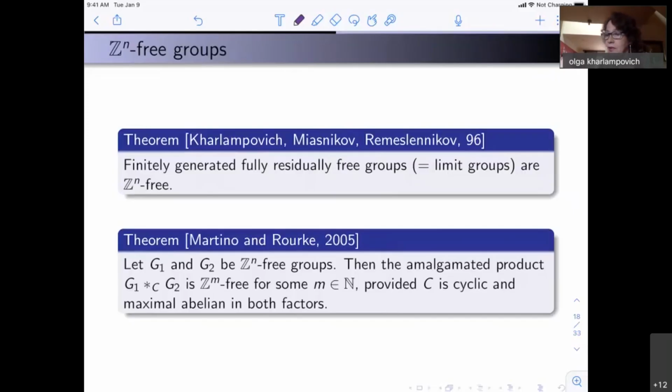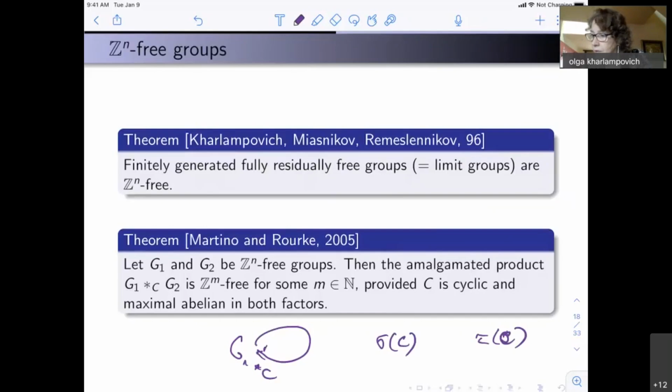Because for an HNN extension, we need a group G1 with a subgroup C, and we have two embeddings, sigma of C and tau of C. We have an isomorphism from this to this, so it should be length preserving.